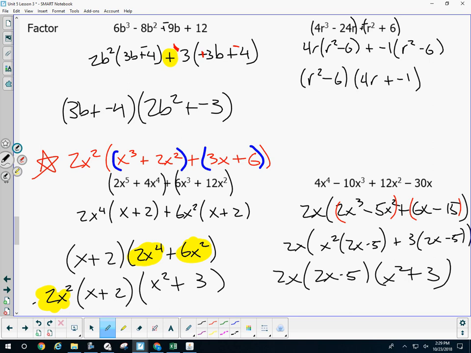You should get a 2x minus 5, and x squared plus 3. Okay, these are kind of tricky sometimes.